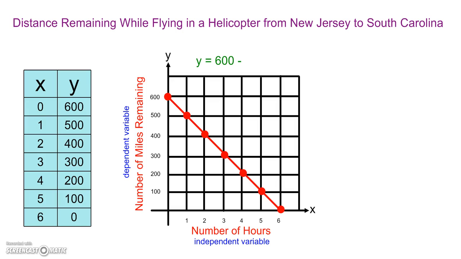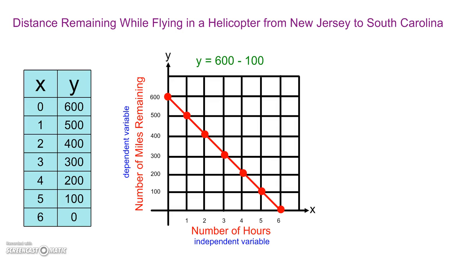If I look again, I see 600 down to 500, down to 400. I know that I am decreasing in value by 100 each time. So the 100 is going to be a part of this equation.